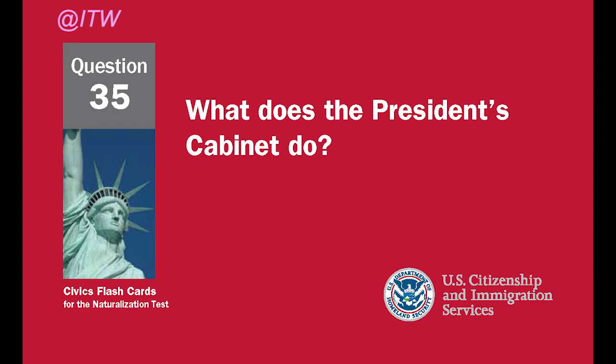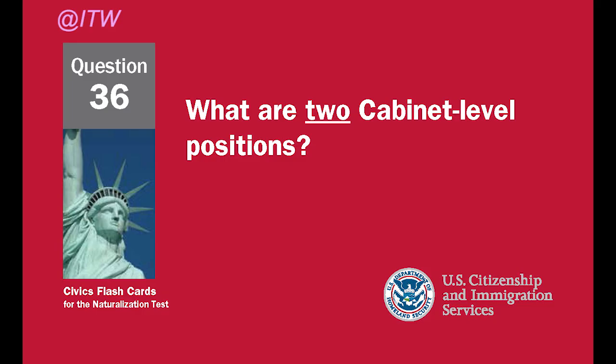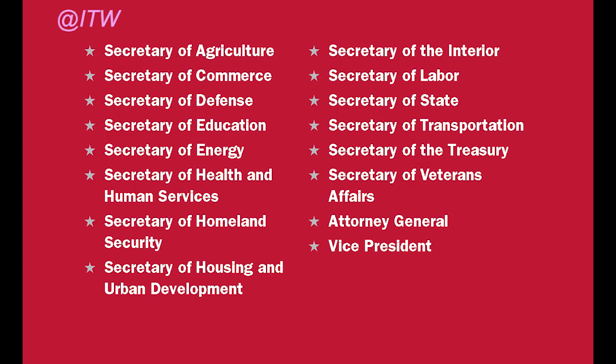What does the President's cabinet do? Advises the President. What are two cabinet-level positions? Secretary of Agriculture. Secretary of Commerce. Secretary of Defense. Secretary of Education. Secretary of Energy. Secretary of Health and Human Services.